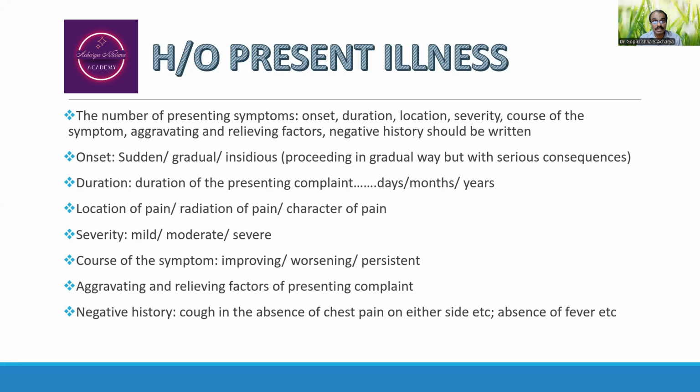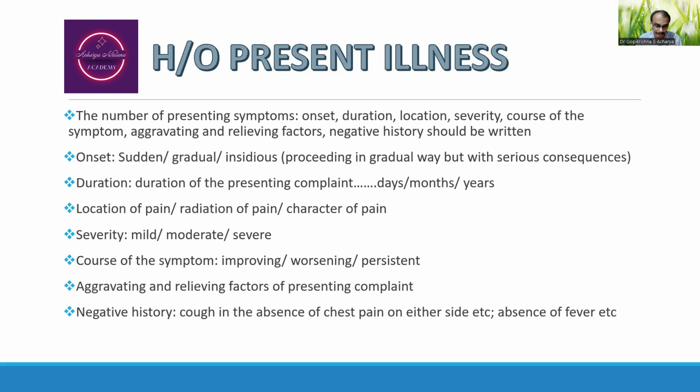And if the person is having squeezing type of pain, that is usually indicative of spasmodic pain, which is usually observed in case of colic, where a hard structure is restricting the movement of the hollow viscera. Like that, the character of the pain will be helpful in the diagnosis.